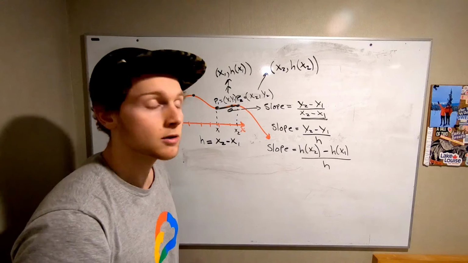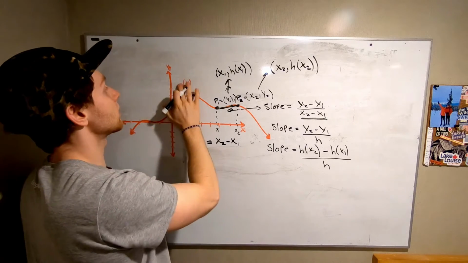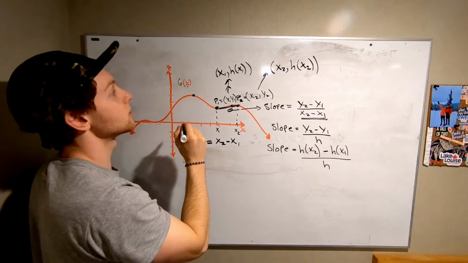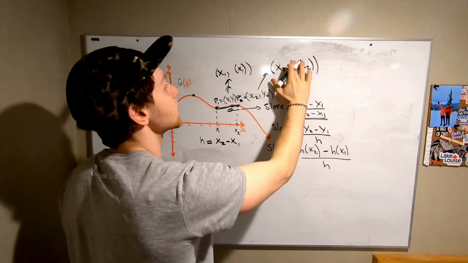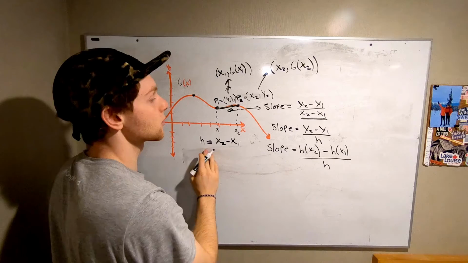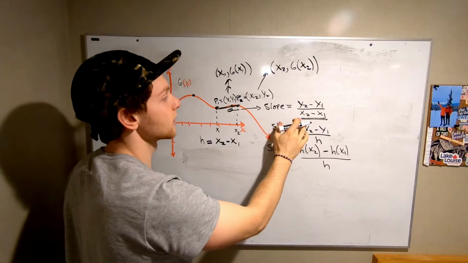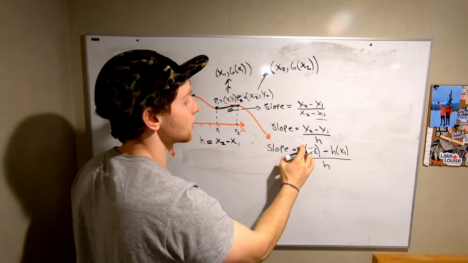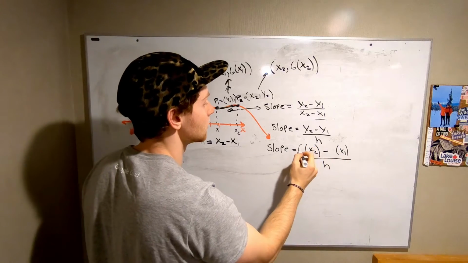One thing I'm going to do to make this easier is I'm going to call this function, instead of h, g of x, just because you don't want to have the same variable, because it can get confusing. So h is still the difference between x2 and x1, but up here we're going to write g.